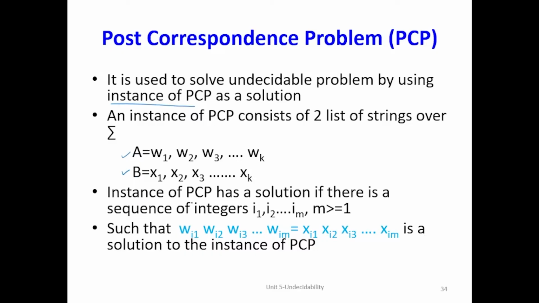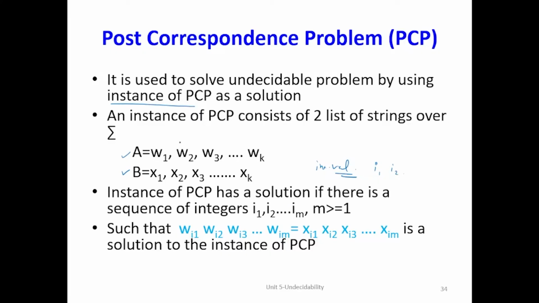If you want to find an instance of PCP, then the instance means an integer value, which will be taken as i. It may be i1, i2, i3 like that. That should be an equivalent index.